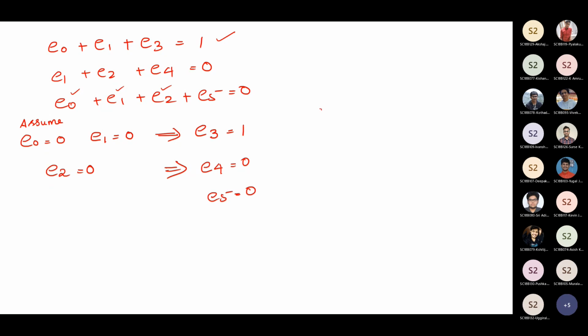Right, so this is one error pattern: 0, 0, 0, 1, 0, 0. For example, if I make an assumption 1 here, I will get 0 here. Like this, I can have different combinations of the assumption. I will get 2 power 3, that is 8 solutions, for this error pattern.